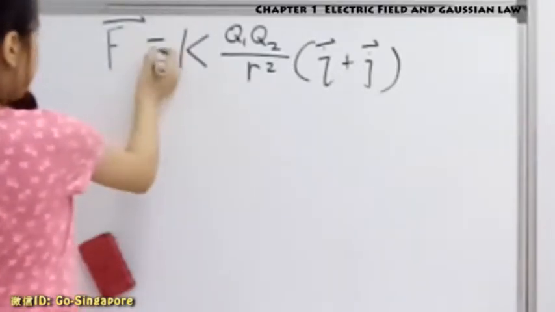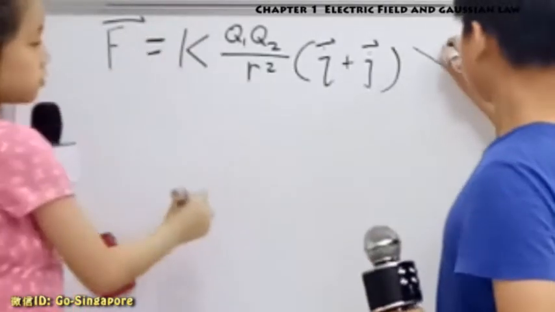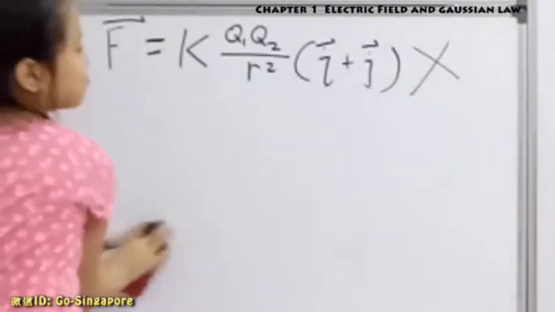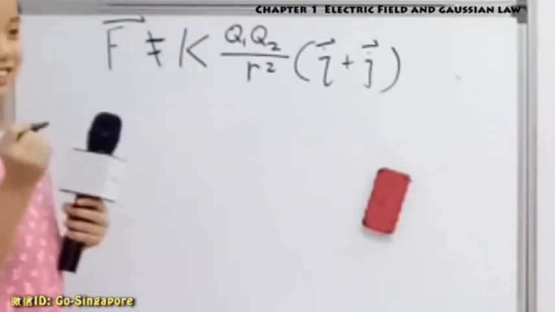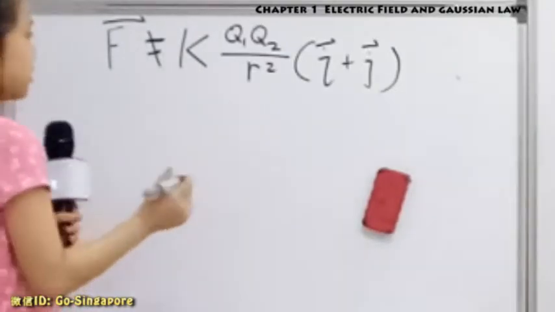Does it equal or not? That means no, you don't need to write a cross. So what should it be?